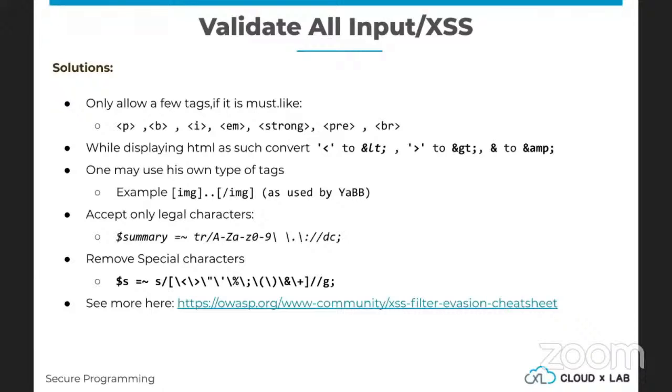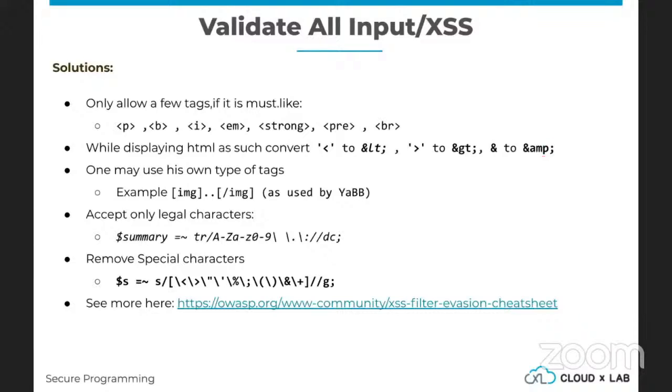Similarly, while displaying the content from one user to another, translate the less than sign with ampersand LT semicolon. And the greater than sign, the closing angle bracket, with ampersand GT and so on. So convert the HTML to HTML code.